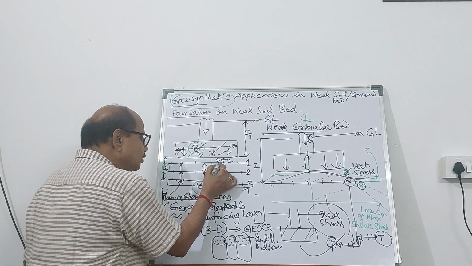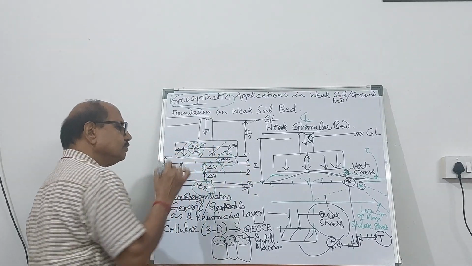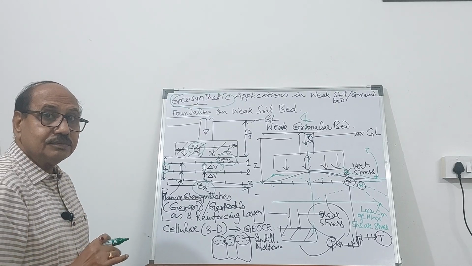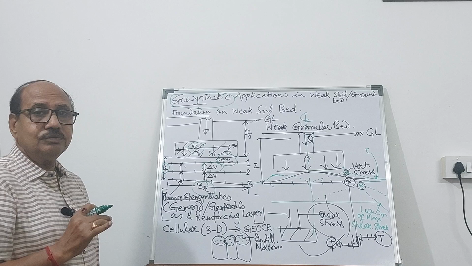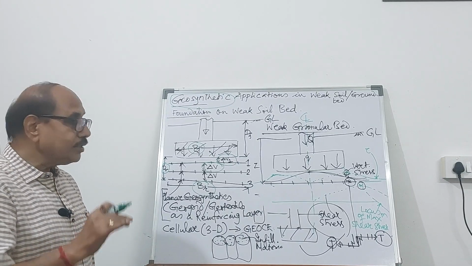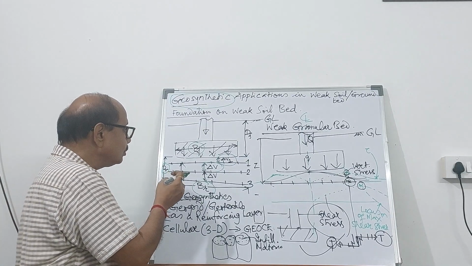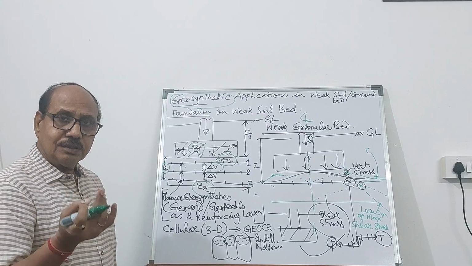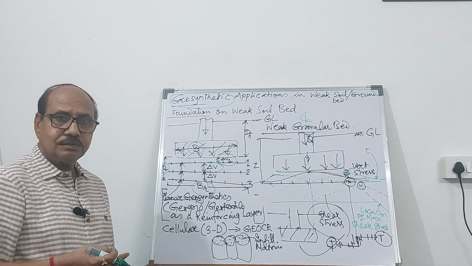What should be the vertical spacing, this delta V1? These are all matters of research. And I'm happy to inform you that there are a lot of research papers. So in my next video, I will talk about the research papers, my own, I've got so many, my own PhD work.